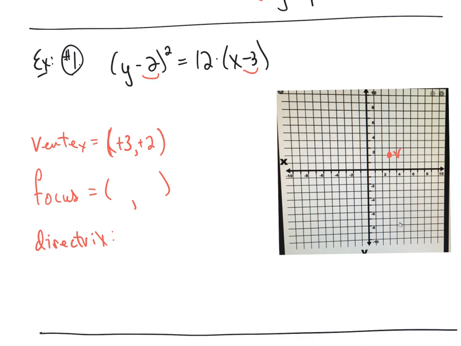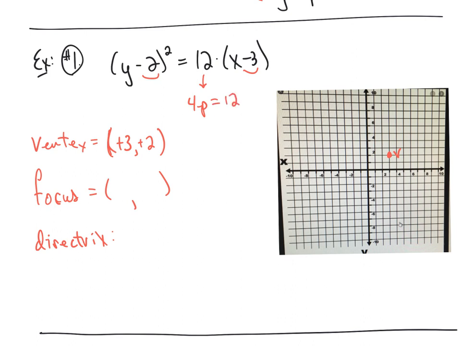Now to find the focus and the directrix, we need to figure out the value for P. If you go back to the standard forms, in front of the parentheses on the right-hand side is 4P. This term right here has to be equal to 4P. So what we actually do to find the value for P is we set whatever that number is equal to 4P.